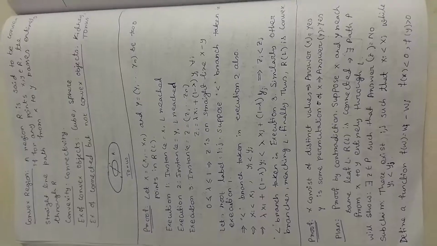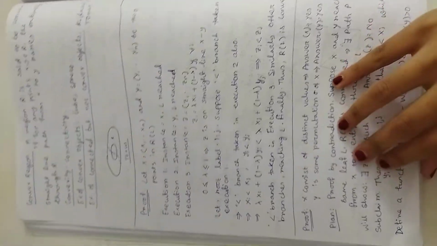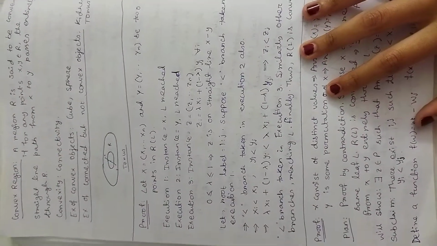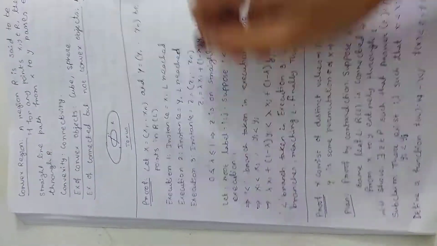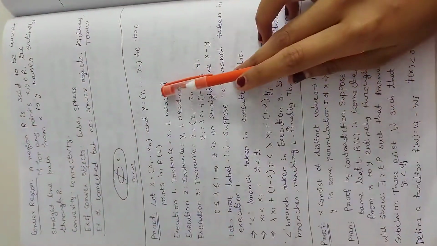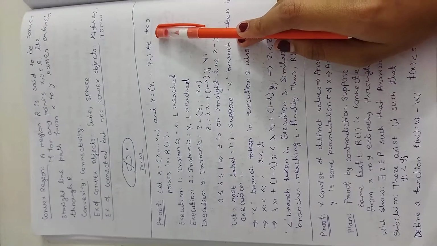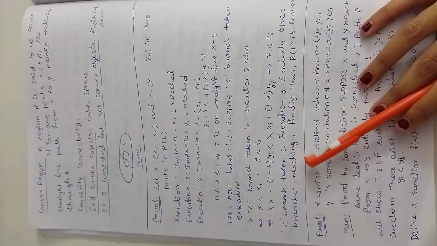Okay, so next we will see the proof for the first claim. In this proof, again we are taking x as the input x1 to xn and y as y1 to yn. These two are two points in RL.